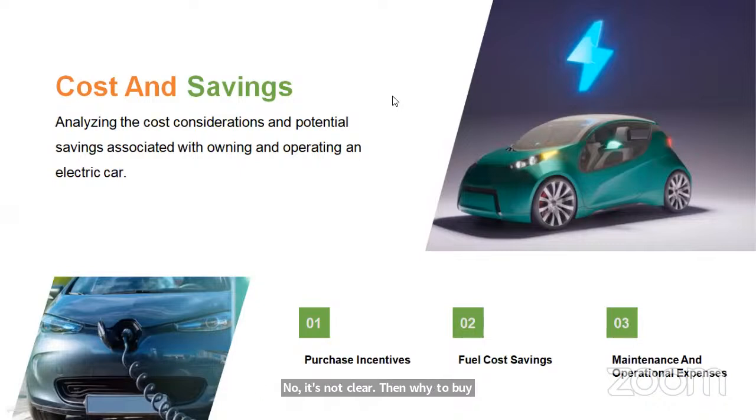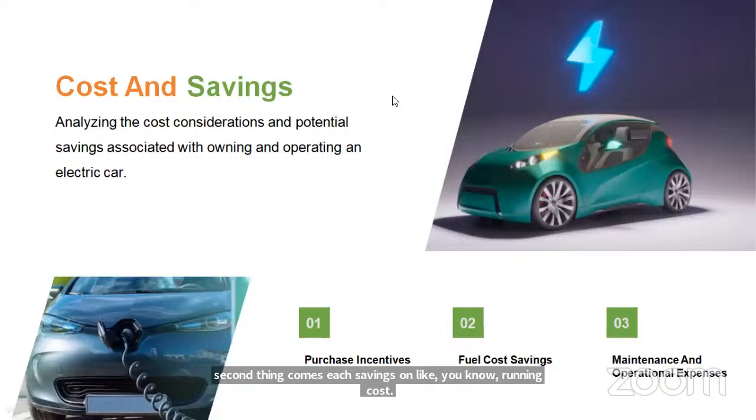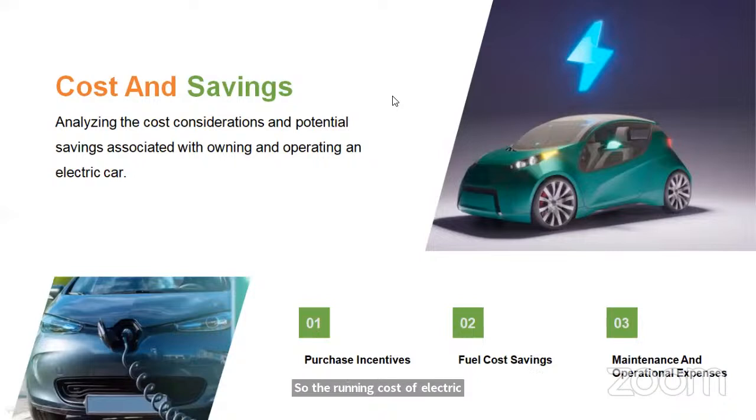Then the second thing is savings on running cost. The running cost of electric vehicles is way lower than the IC engine.